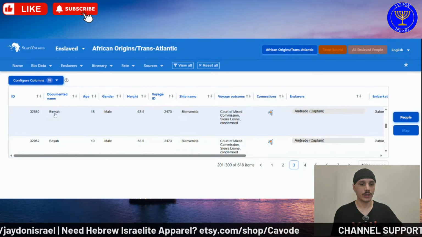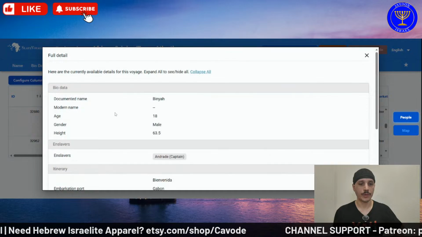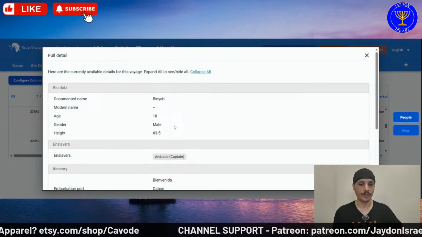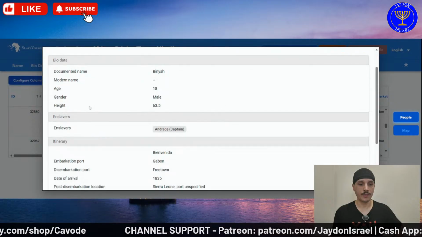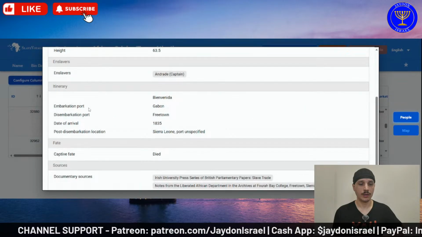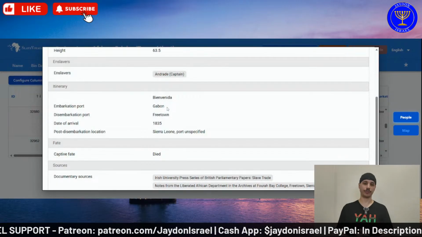Binya, 18, male, 63.5 height. He was taken from Gabon.